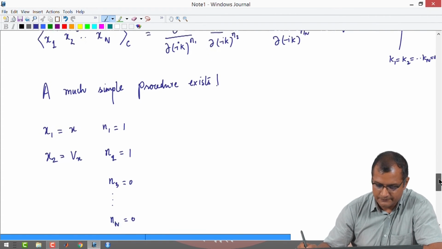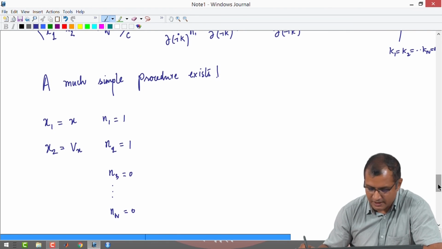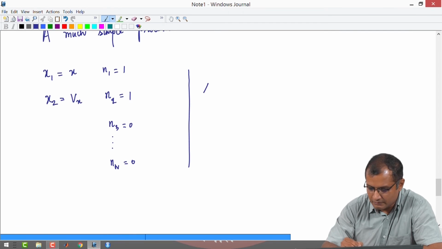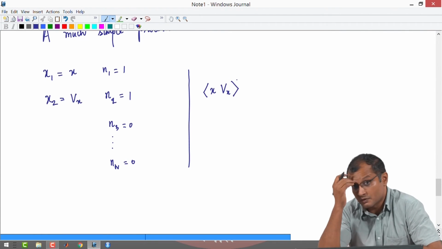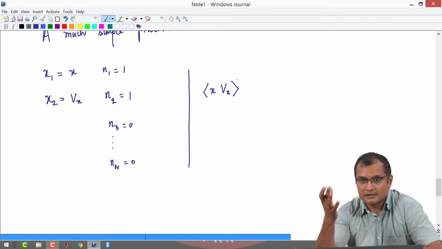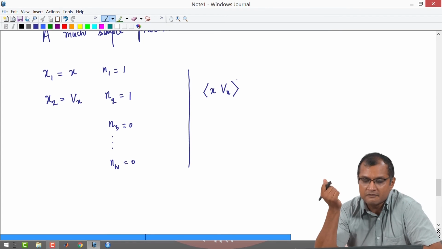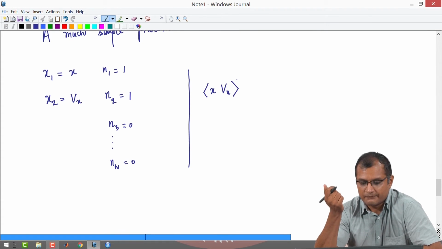So basically, what I am trying to say is that I am computing the joint moment of x into Vx. There is a gas in this room which is at equilibrium, and what is the average value of the position multiplied by the x component of the velocity.